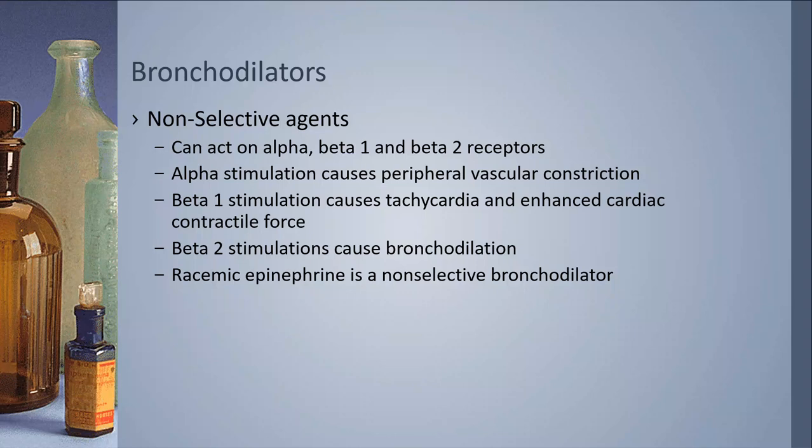With non-selective agents, they act on all alpha, beta 1, and beta 2 receptors. As a result of the alpha stimulation, we're going to get peripheral vasoconstriction, which will result in what? Increased blood pressure, okay? Beta 1 stimulation, again, beta 1, one heart, will cause tachycardia and enhanced cardiac contractile force.